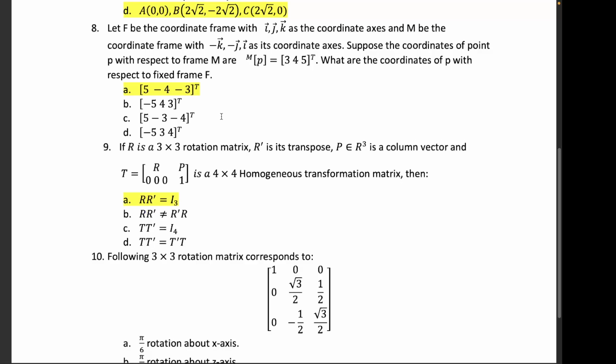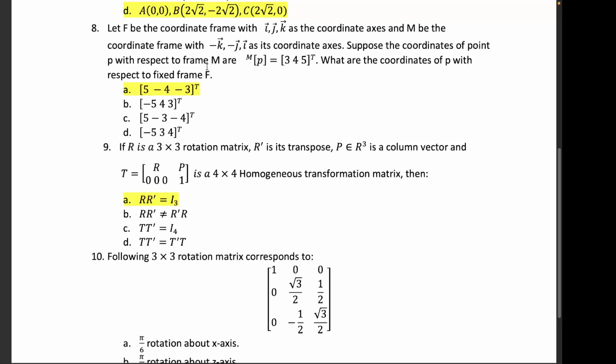Now the next question is that F is a coordinate frame and M is a coordinate frame whose axes are given in terms of the axes of the F frame, right? So you can see that the ijk of the F frame corresponds to some different axes of the M frame.